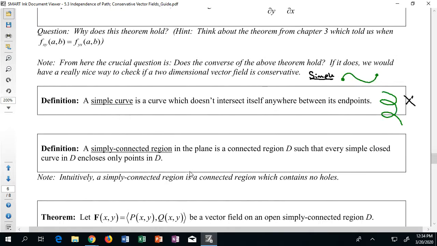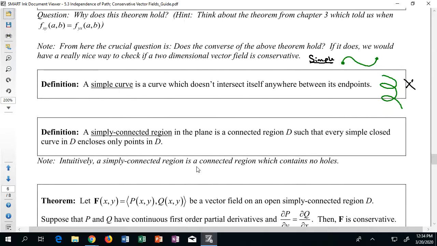If I have a simply connected region, then that means that every simple closed curve that I can draw, simple meaning it doesn't overlap itself, closed meaning it starts and stops at the same spot, encloses only points in D. So let's suppose I have a region out in space that looks like this.